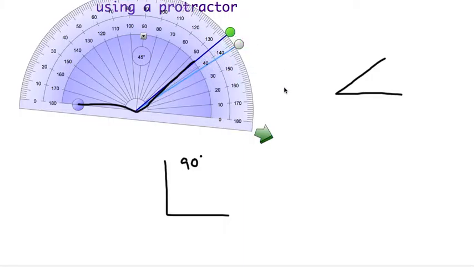Does this look like it'll be 45 degrees? I don't think so. We're going to ignore what it says in the middle. We're not going to look at this part, but we're going to look and see where the angle measures out here outside of 90 degrees. I'd say it's almost 133. So this angle we said was 38 because it's smaller than a right angle, which is 90 degrees.